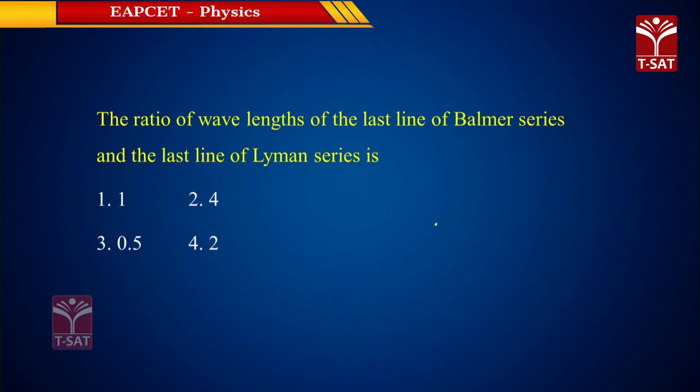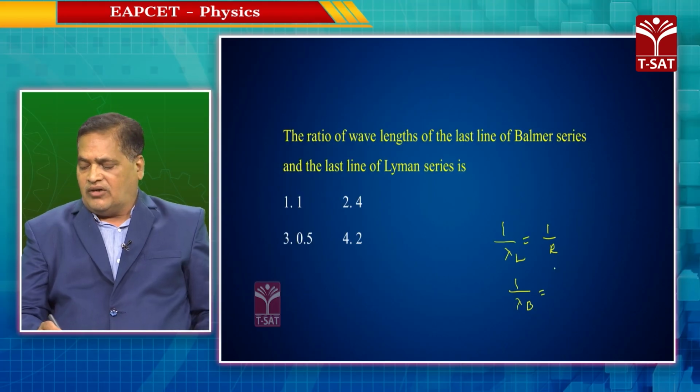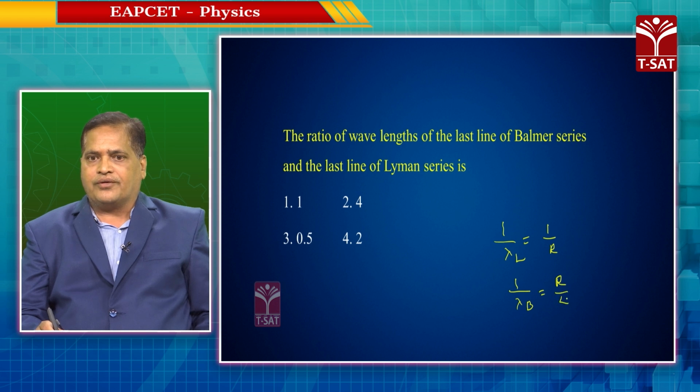Here 1 by lambda L is equal to R, children, this is the Lyman series, L means Lyman series. And another one is the Balmer series, that is 1 by lambda B, this is equal to what? R by 4.